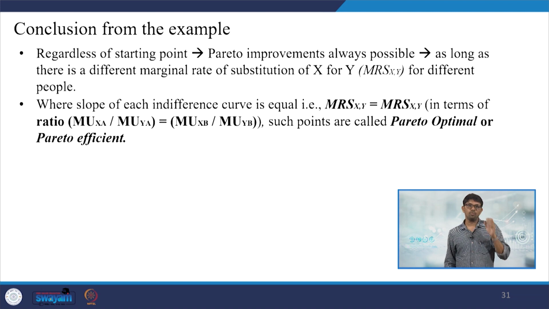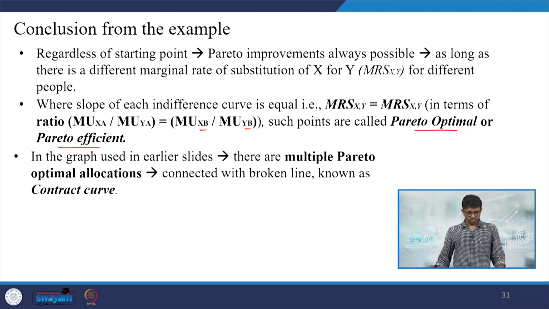Where the slope of each indifference curve is equal, that is, the marginal rate of substitution between x and y is equal in terms of ratio, MUxA over MUyA equals MUxB over MUyB, such points are called Pareto optimal or Pareto efficient. You can also prepare these Pareto optimal or efficient combinations based on this equation.